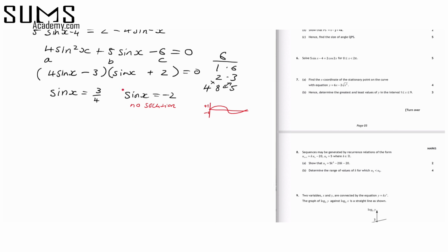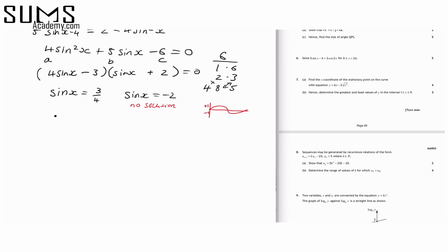Okay, so now we need to look at what this value is. You could convert it straight to radians, or you could work in degrees. I'm going to work in degrees because it's just slightly more steps, so I'm going to show you how to do it. But if you just converted your calculator to radians, then you could work straight in radians. But I'll just show you how to do it in degrees in this example.